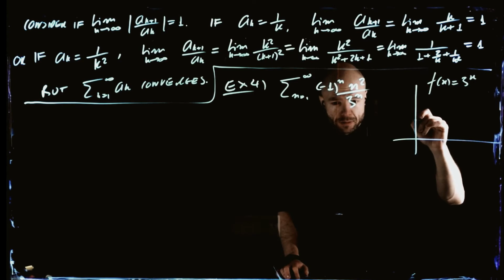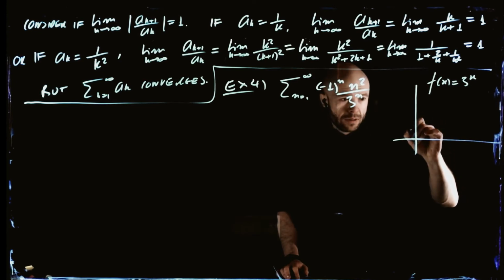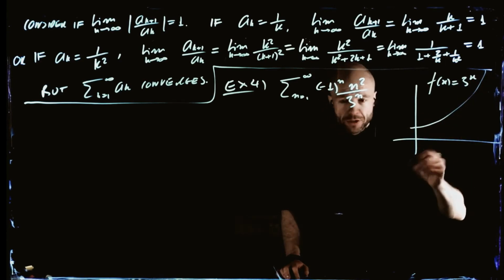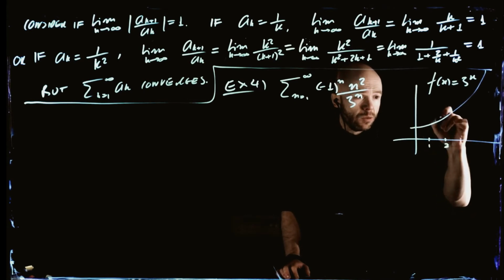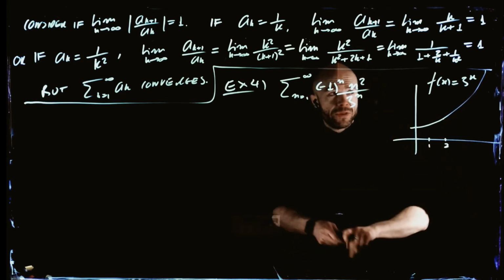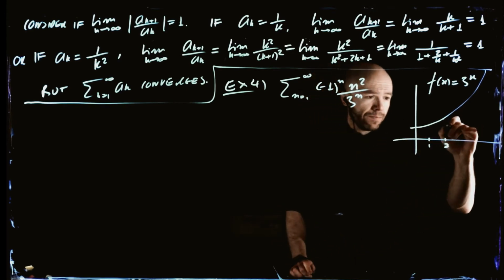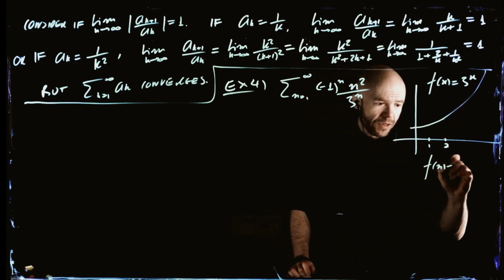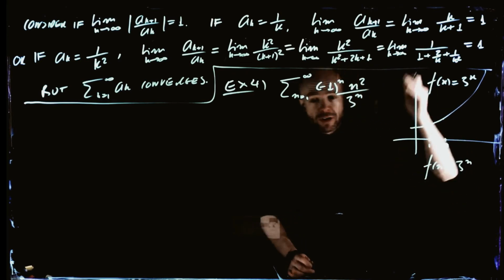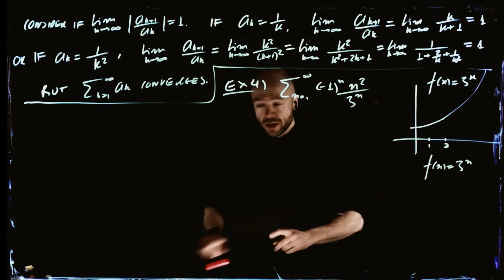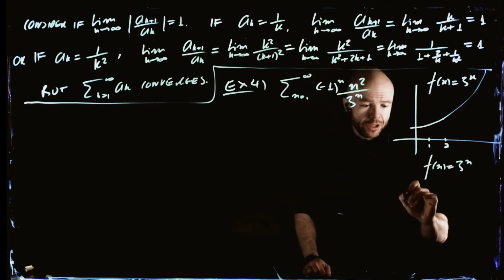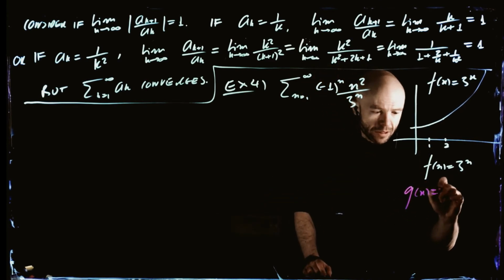That's the exponential function. So if we have 1, then we have 3, then 3 squared. So this function recovers the 3 to the n: f of n equals 3 to the n. That's blowing up very fast. Whereas on the top, the function that recovers the n squared is the function g equal to x squared.